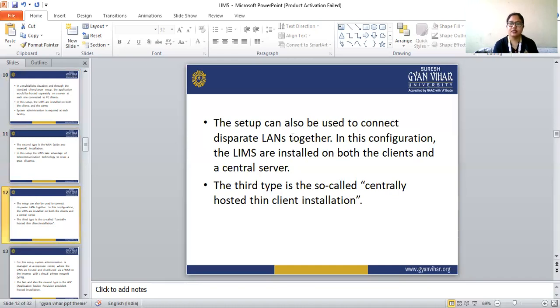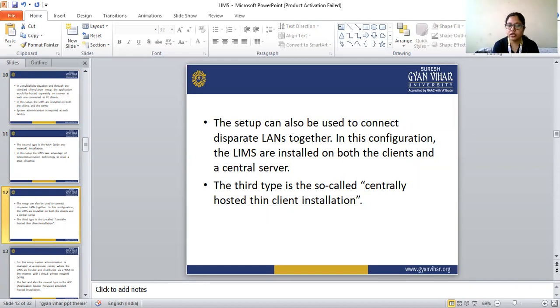LAN is the local area network, WAN is the wide area network. With the help of the telecommunication system, we can connect all the LANs together with this WAN system.